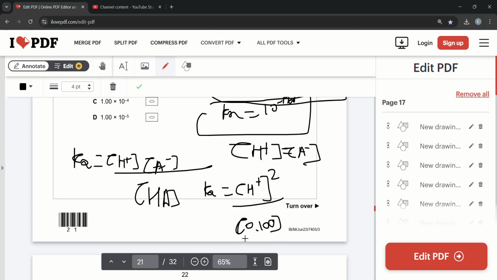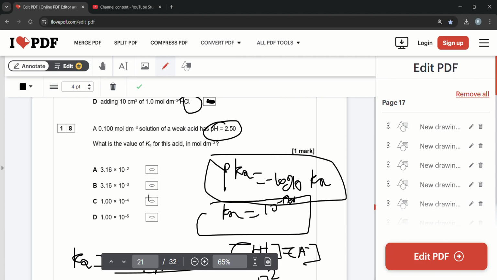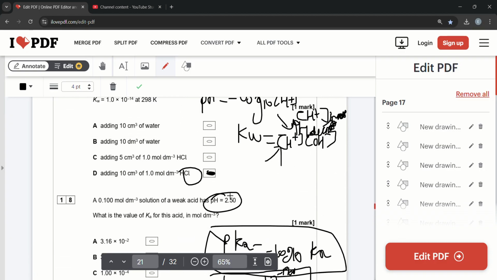But remember, it's a 1 mark question, so even if your method is completely wrong, as long as you get the correct answer, that's what we're trying to show. So pH 2.50, well, H+ is equal to 10 to the power minus pH. The concentration of H+ ions is equal to 10 to the power minus 2.50.